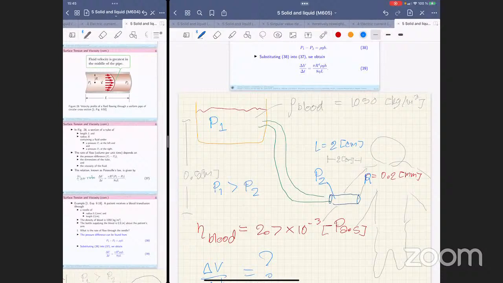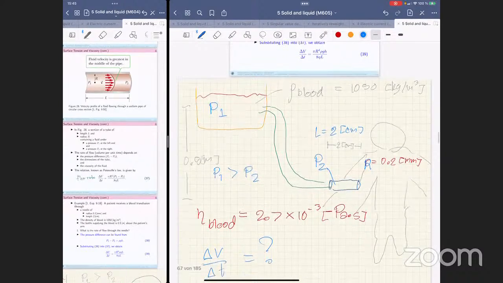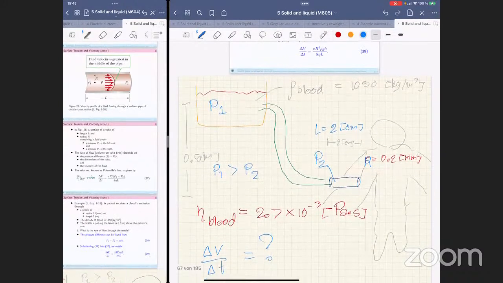The relationship between P1 and P2 is the following: P1 equals P2 plus rho g h. Rho is the density of that fluid, g is the gravitational acceleration on Earth, h is the height here.